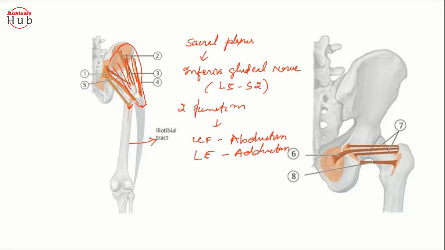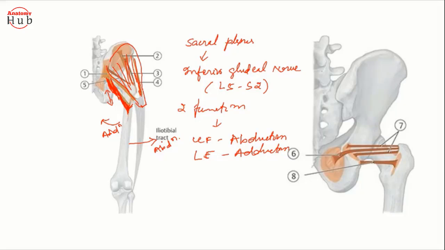But here you can see these fibers, the lower fibers that attach to the gluteal tuberosity over here. If this muscle contracts, then what will happen? The hip will move inward. So this is your adduction, but this movement will be your abduction, right? So this is about the gluteus maximus muscle.